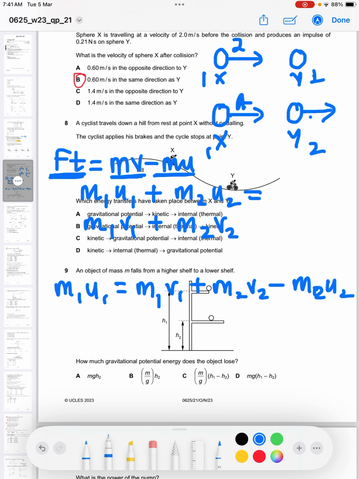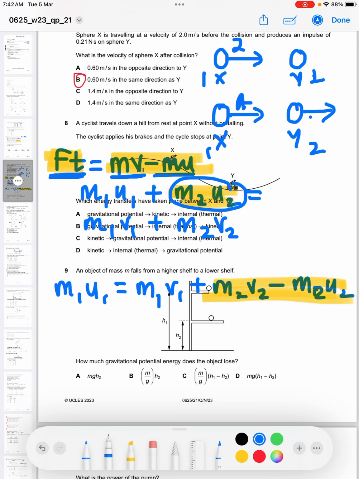I've moved this to the other side because m2 u2 is the initial momentum of sphere y. Now it's the difference between the final momentum and initial momentum of sphere y, which is equal to the impulse, as said by the question.